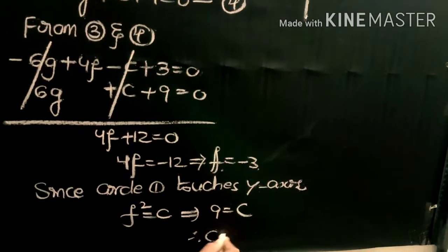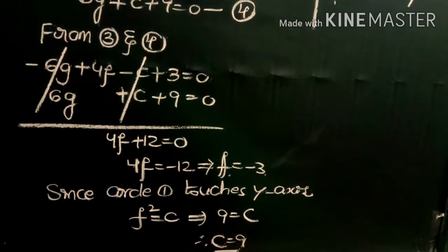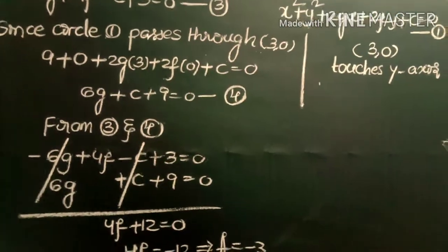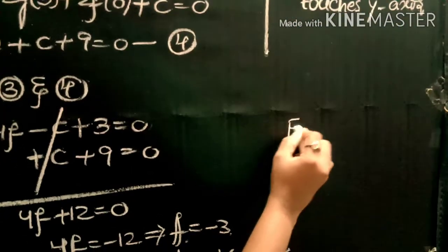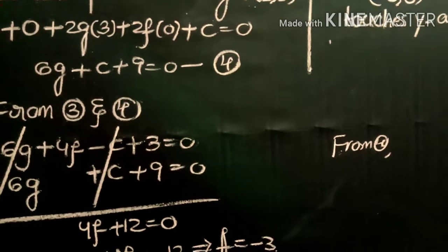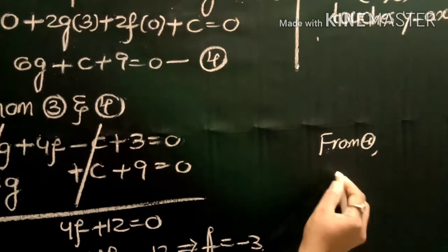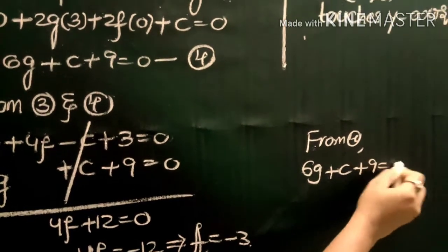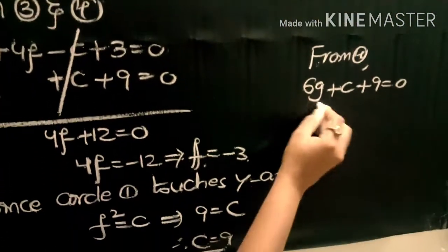Therefore the value of c is 9. Now we replace these two values in the fourth equation. From equation 4, 6g plus c plus 9 is equal to 0, but the value of c is 9 here.